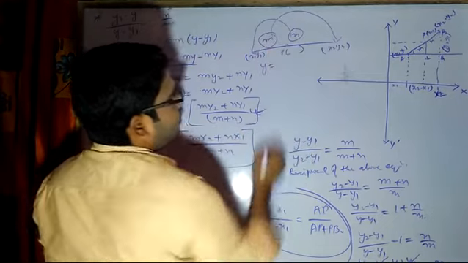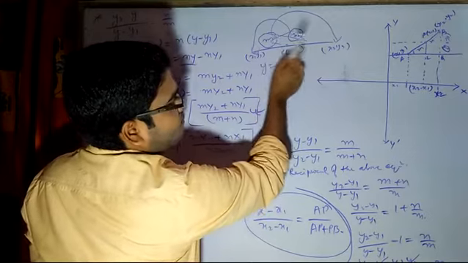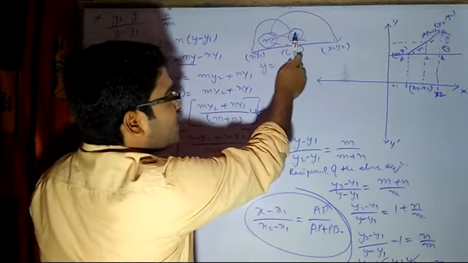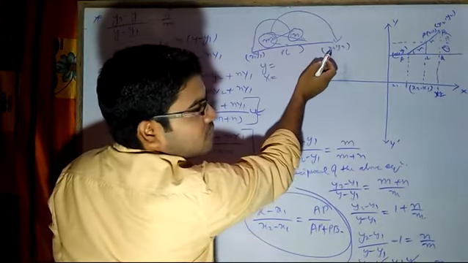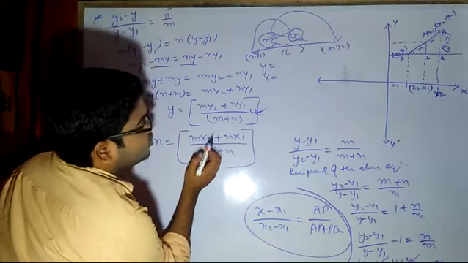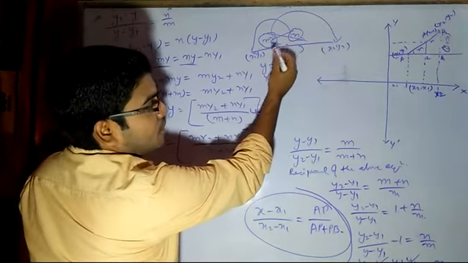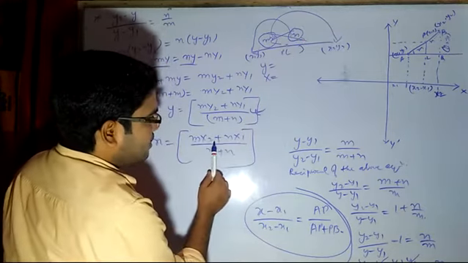To get the value, I have to interchange like this. m will be multiplied this side, plus n will be multiplied this side. For the x value, again m will be multiplied with x2, n will be multiplied with x1. See here, m is here, but it is multiplied with that side. n is here, it is multiplied with this side, and then we are adding.